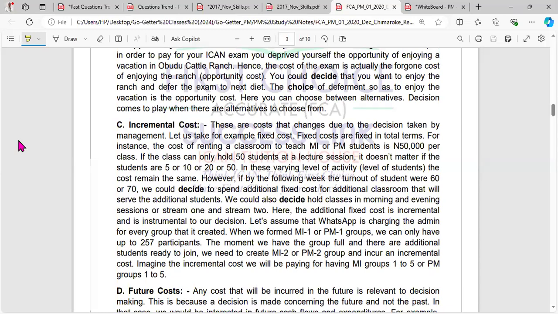But if we have to cater for everybody, it means that we will have to get a class B and we'll need to spend additional money. That additional cost is incremental. So as we have a set of 100 students, we get another class, a set of new 100 students, our fixed cost is incremental.